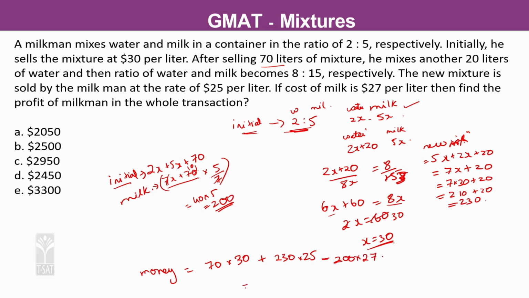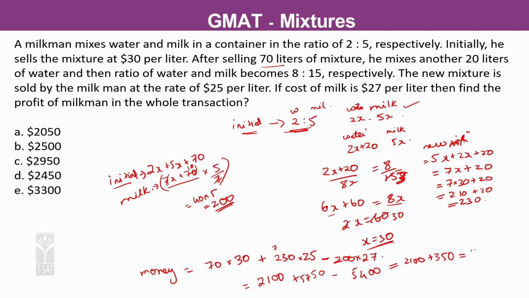By calculating this, you will have 2100 plus 2100 plus 5750 minus 5400, which will be nothing but 350.